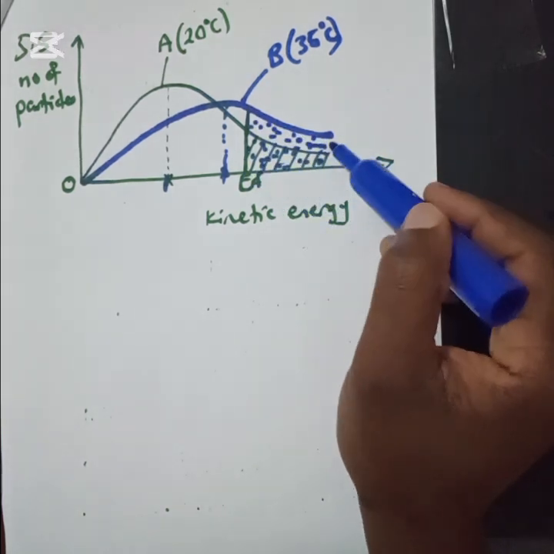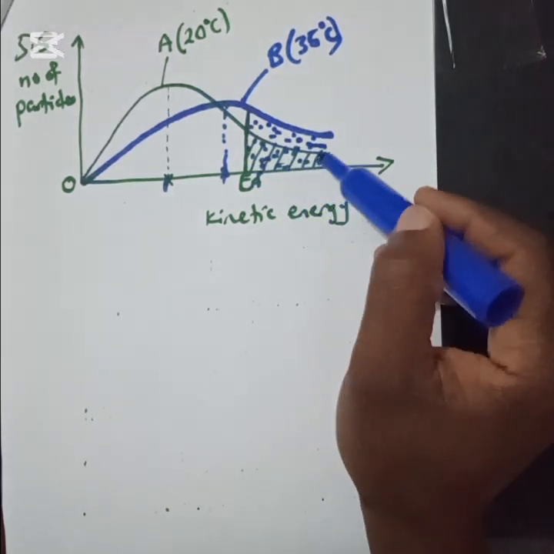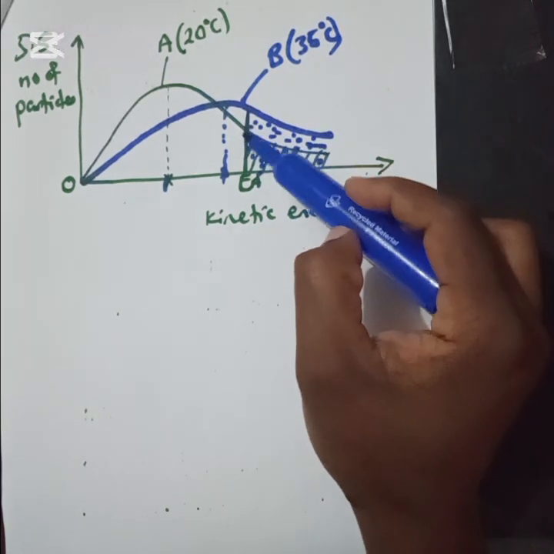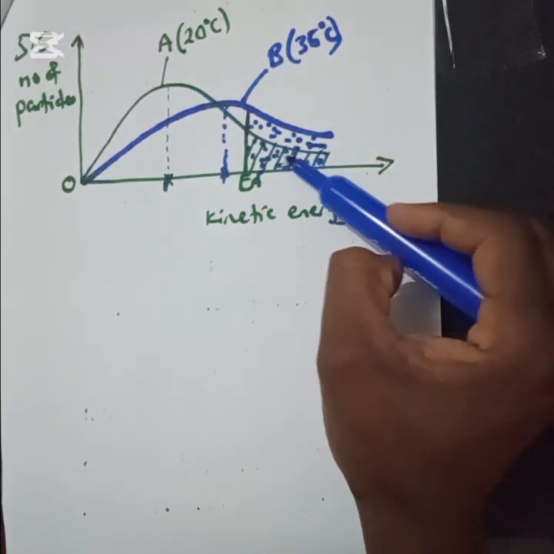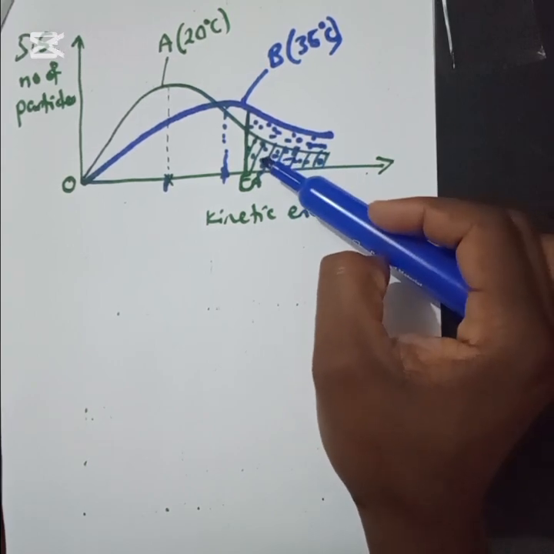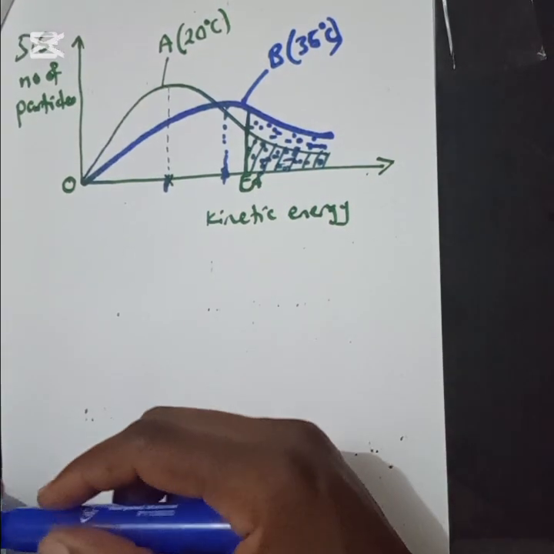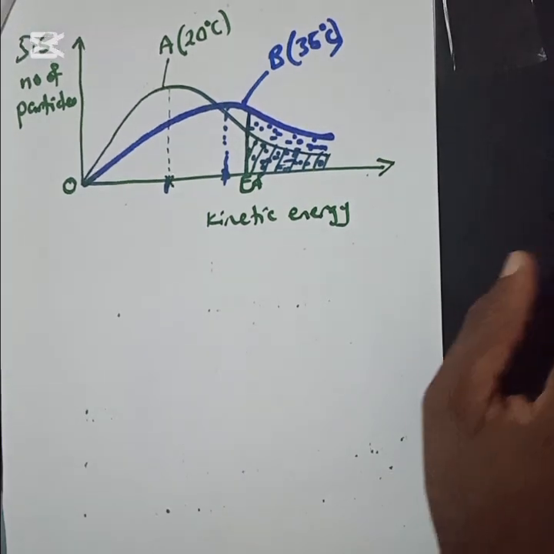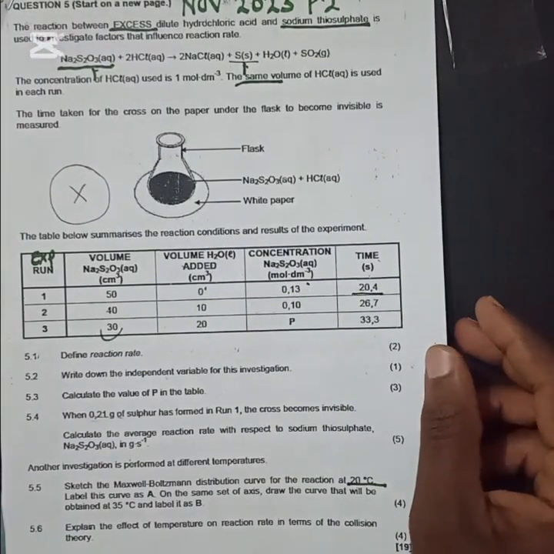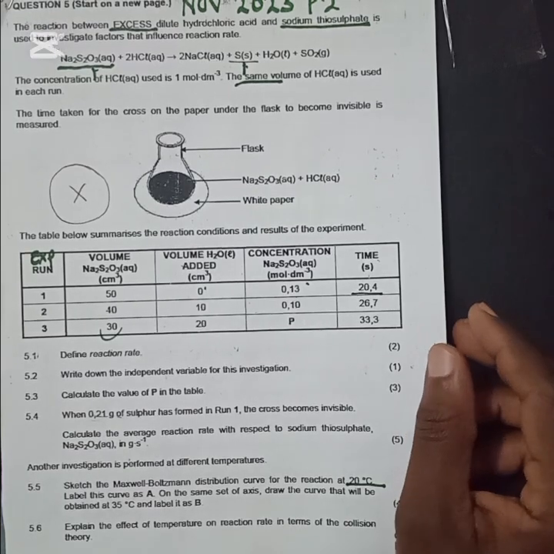This whole area is representing the number of particles with sufficient kinetic energy at a higher temperature. But at a lower temperature, we have few particles with sufficient kinetic energy. So that is the Maxwell-Boltzmann energy distribution curve. Question 5.5. Then you get your 4 marks.